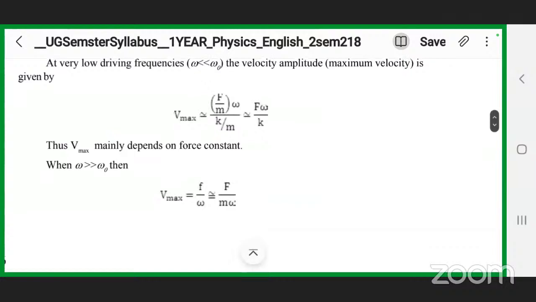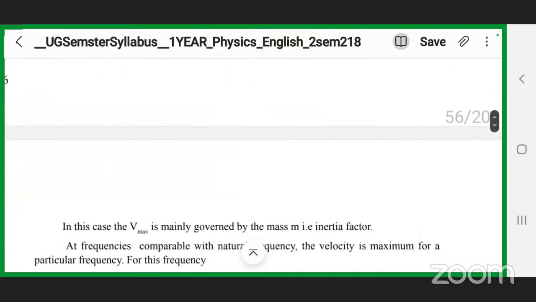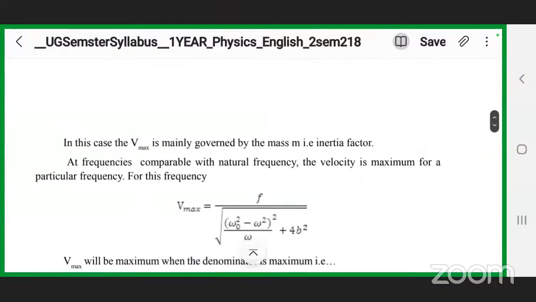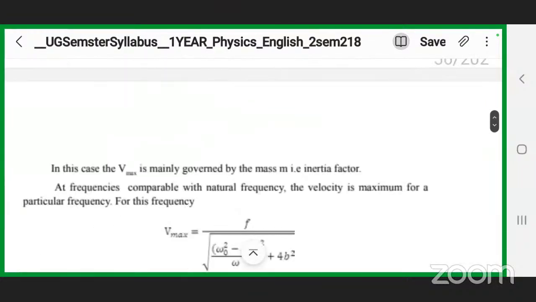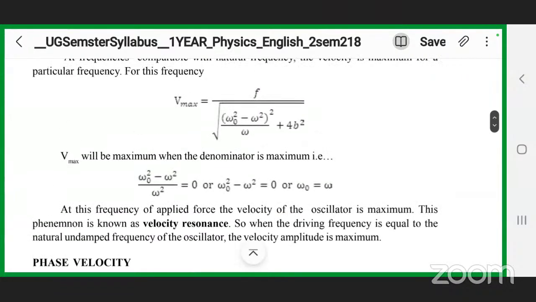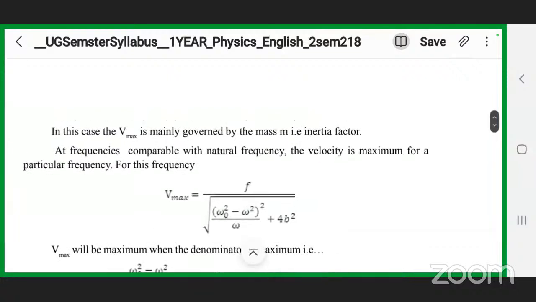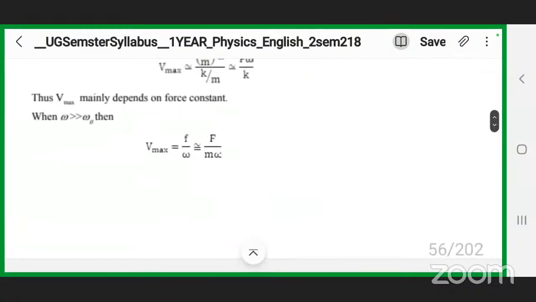By comparing the driving frequency omega with the natural frequency omega naught, the velocity of the forced oscillator is maximum for a particular frequency.